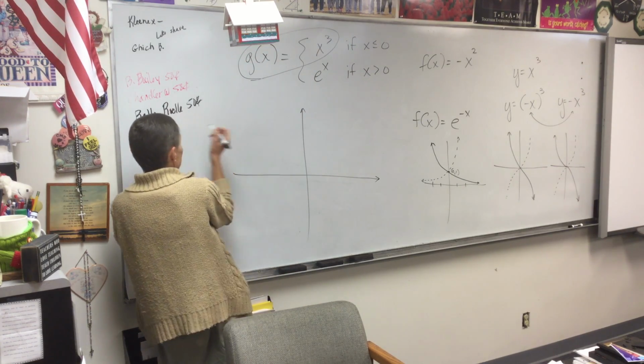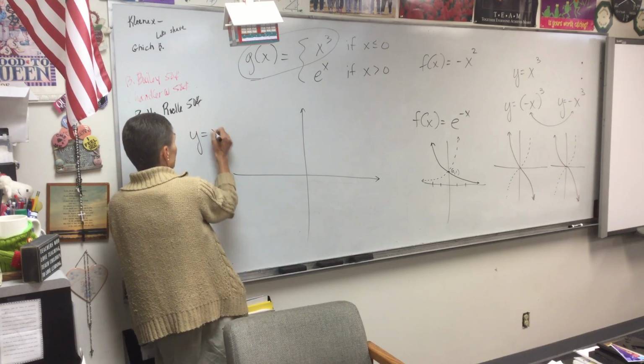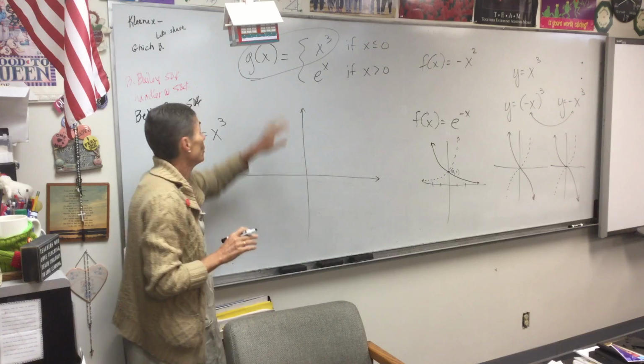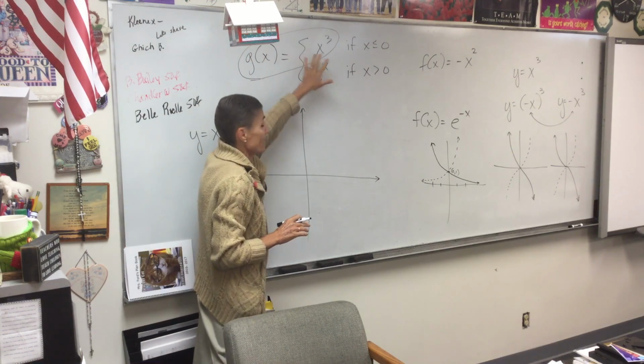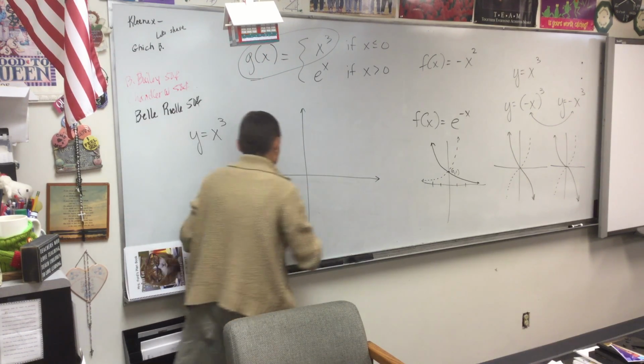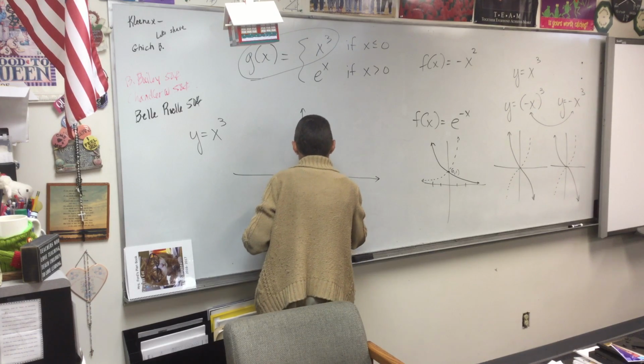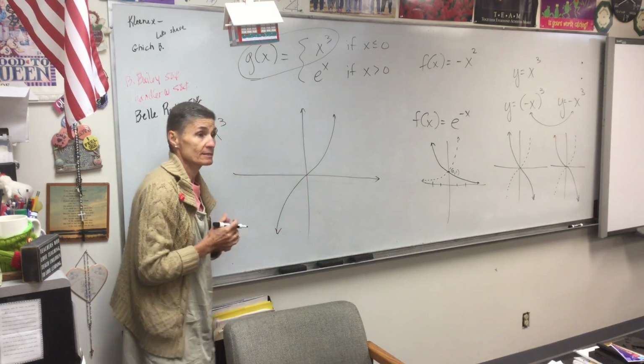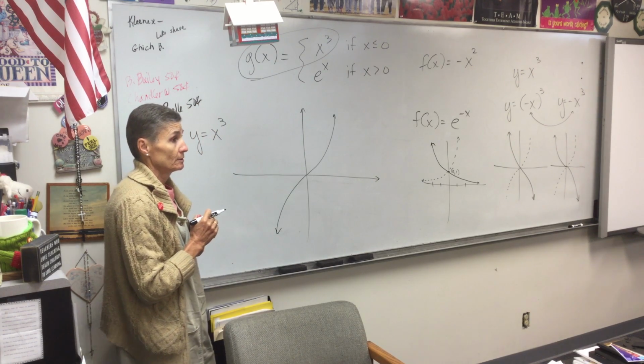This says basically y equals x cubed. Forget everything else for a minute and start with that. Y equals x cubed. Okay, so that looks like this. I know that because it's one of my BFFs.